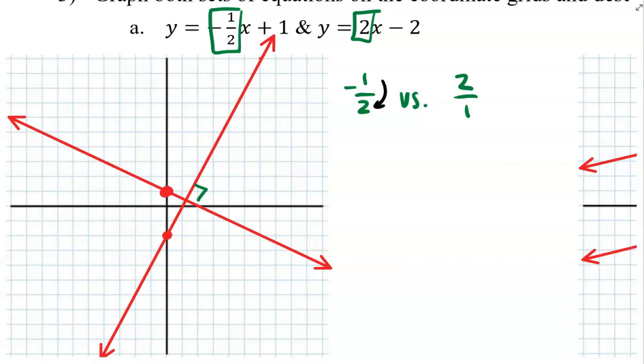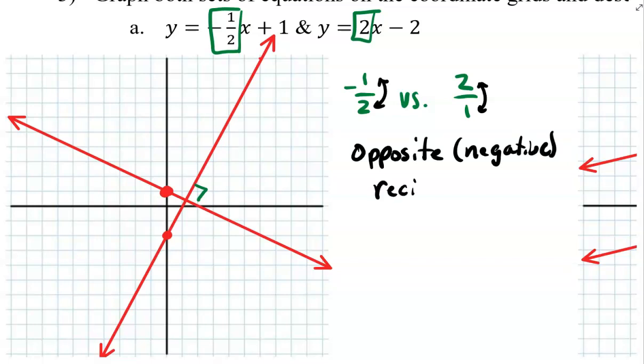Imagine us flipping this fraction, or this fraction for that matter, and then putting a negative sign in front of one or the other. When these are flipped and one's positive and one is negative, we call those opposite, or sometimes negative, reciprocals. And I would say that opposite reciprocals, or negative reciprocals, always indicate perpendicular lines.